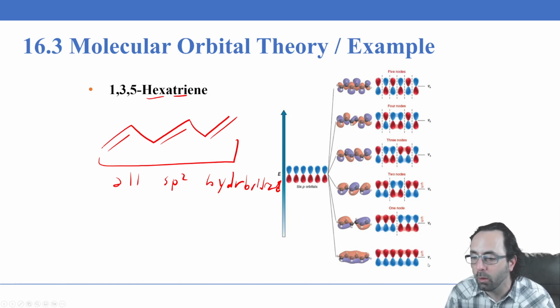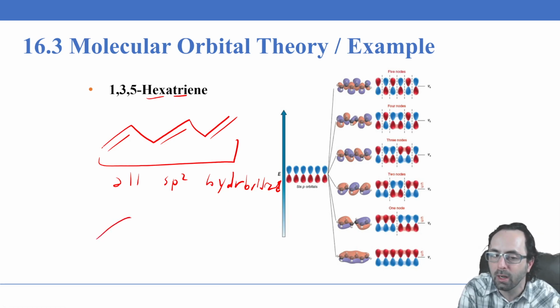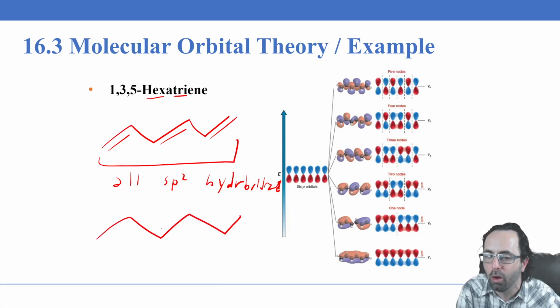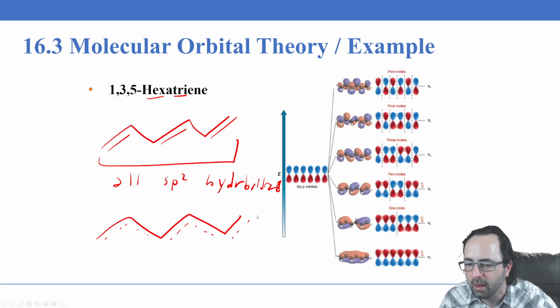So the lowest energy molecular orbital is the one where we're showing a 1.5 bond all the way down: 1.5 bond, 1.5 bond, 1.5 bond, 1.5 bond, 1.5 bond. And so the electrons can move freely through this unhybridized p orbital highway here, providing greater stability to this molecule.